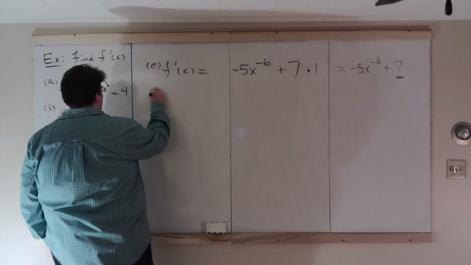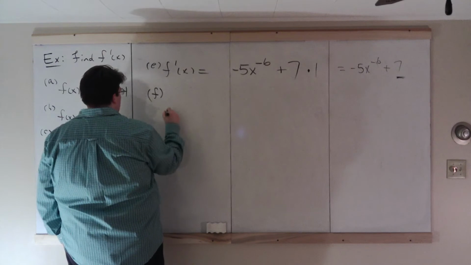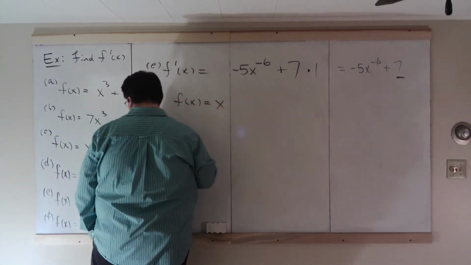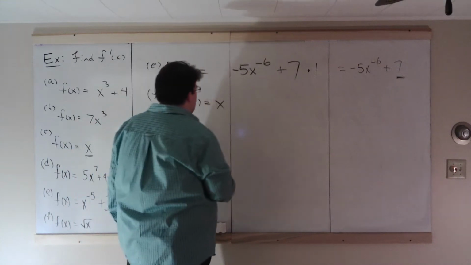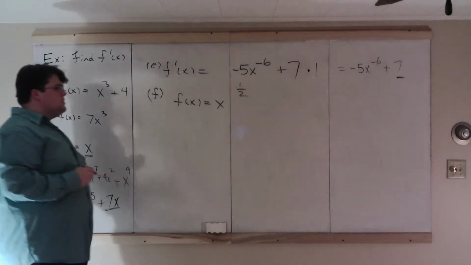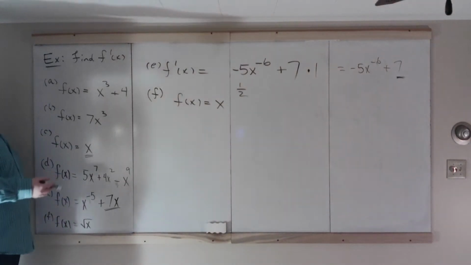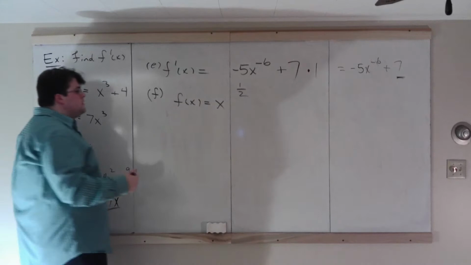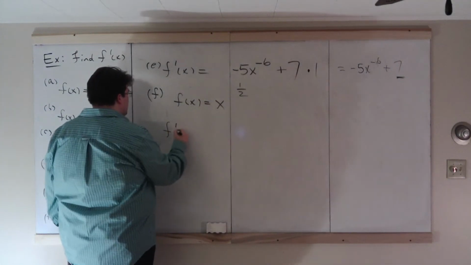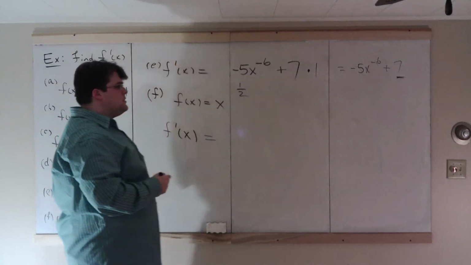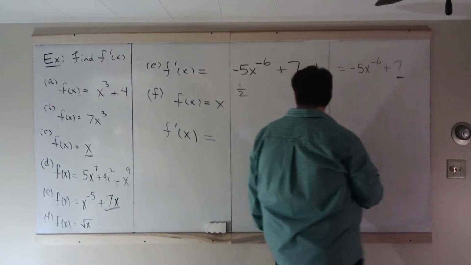And how about part F? Well, x square root of x, there wasn't anything in there that told us how to deal with the square root of x. Or was there? Well, the square root of x, remember, you can write with an exponent as x to the 1/2. And now we can take the derivative of x to the 1/2. What is the derivative of x to the 1/2?